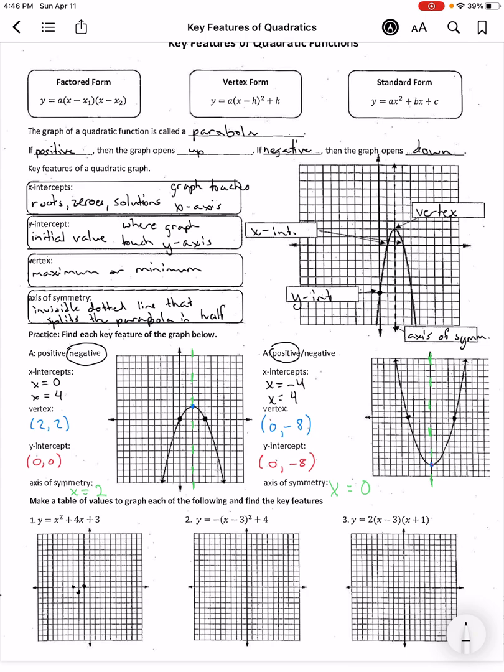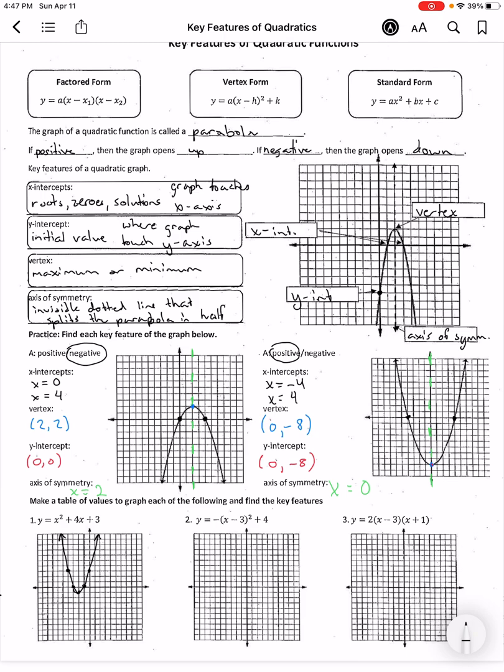And then we want to find just some common places. And so what you notice when you graph, or what you should notice, is that these points on this graph are going to mirror each other on each side, because again, that axis of symmetry is the reason behind it. So there we go.